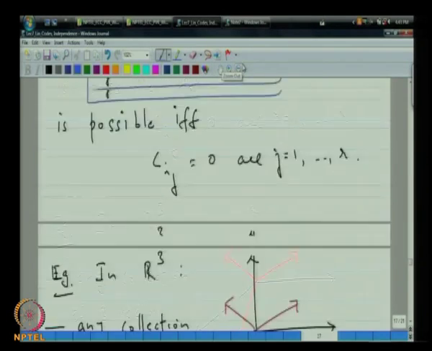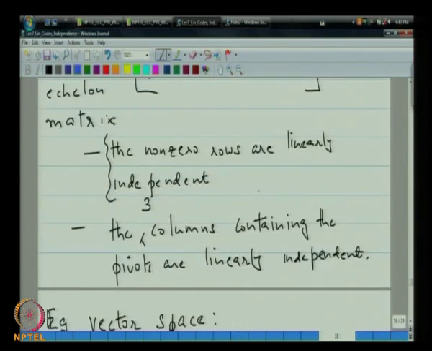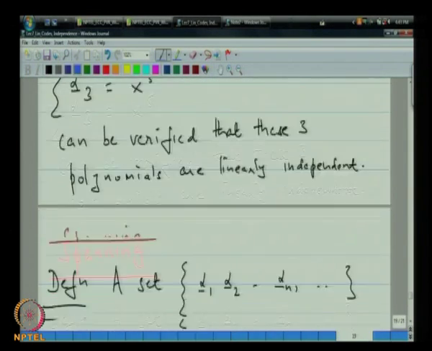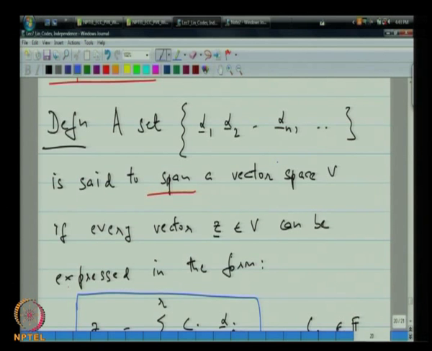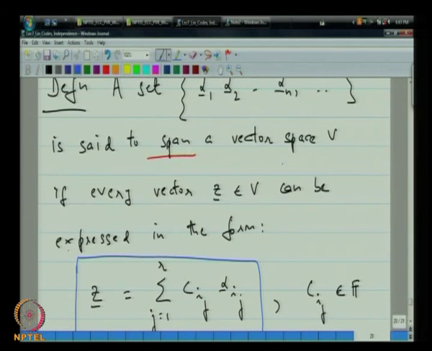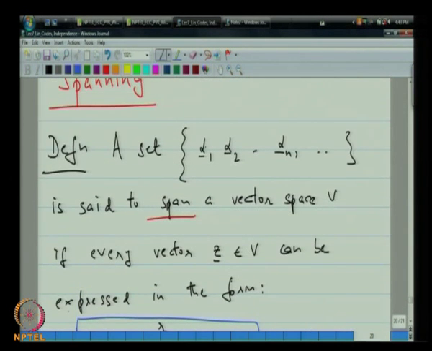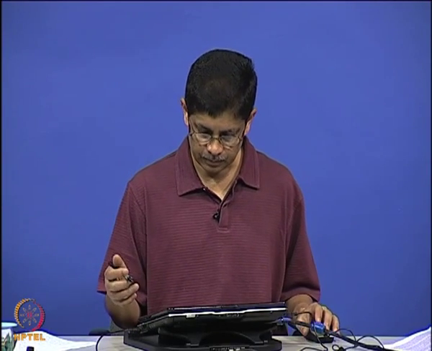So here on the topic of spanning, a set of vectors is said to span a vector space if every vector can be expressed as a linear combination of these vectors. Okay. And whenever I define this set, I have allowed the set to potentially contain an infinite number of elements, although in all our applications the set will be finite.